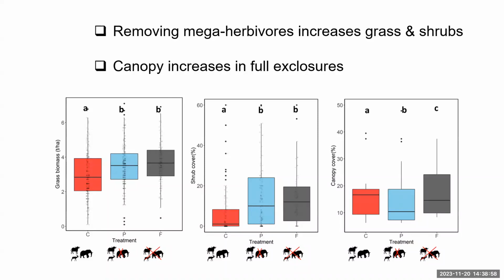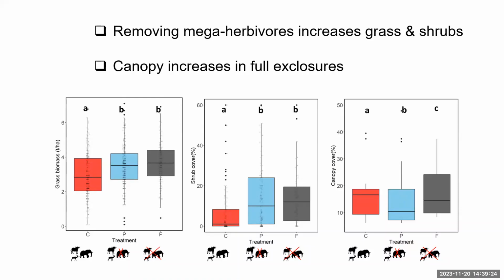Again, the same thing happens with shrub cover. But if you look closely again, there's no difference whether we remove mega herbivores such as elephants or all large herbivores. So again, things like elephants may have a marked influence on these two vegetation components.